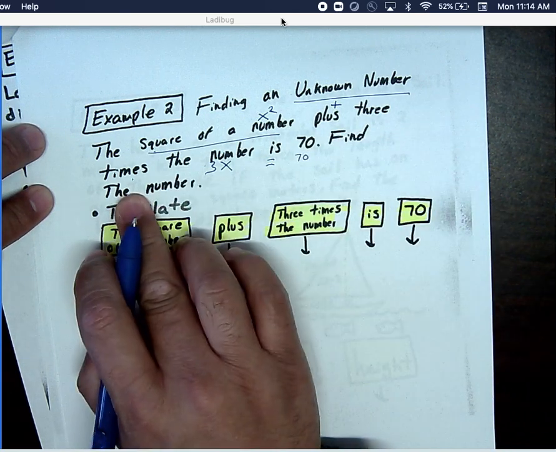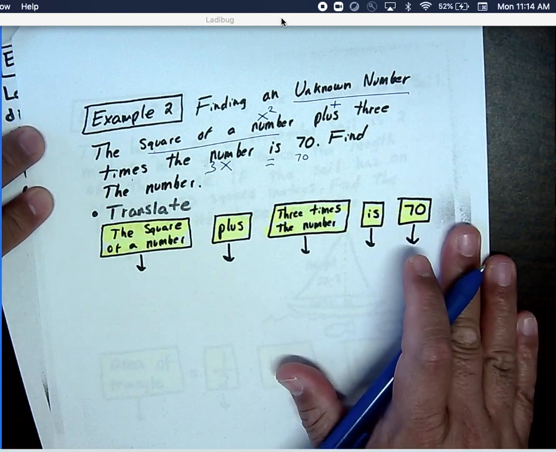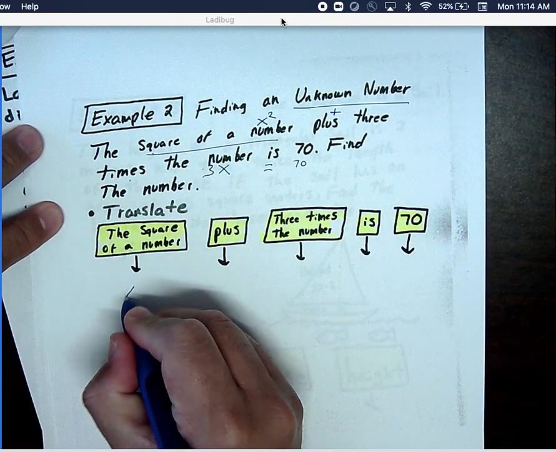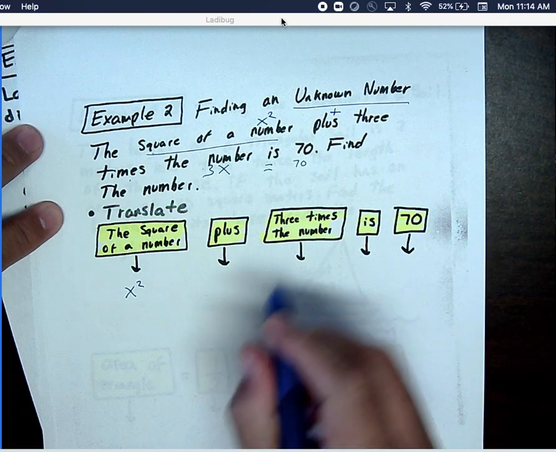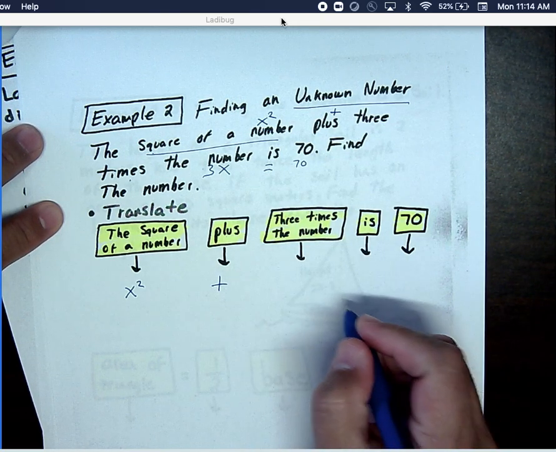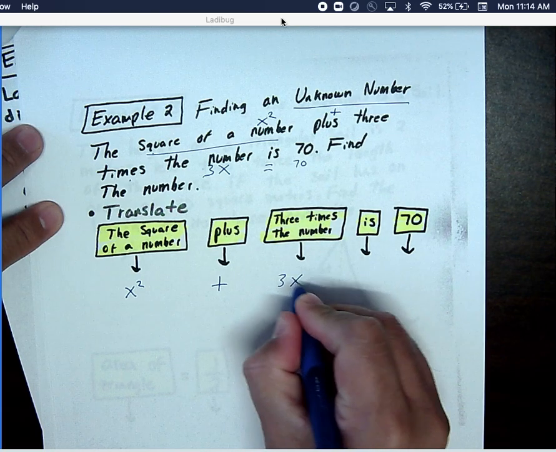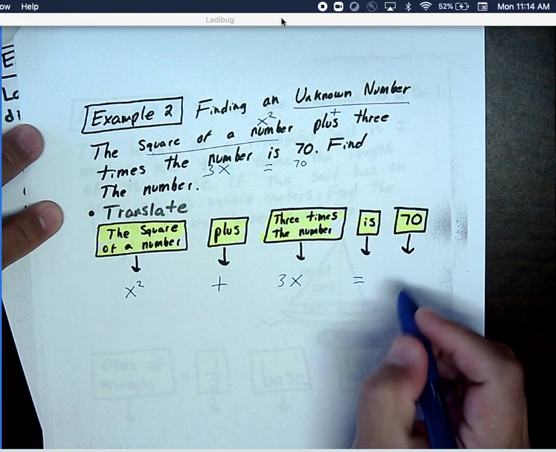And that's just how much they equal. So they want you to find the number. So I laid it out here for you guys. So the square of the number would be x squared plus 3 times the number, 3x is equal to 70.